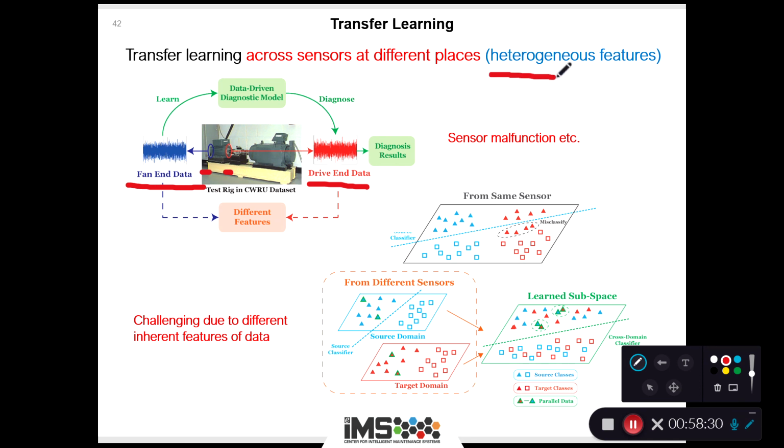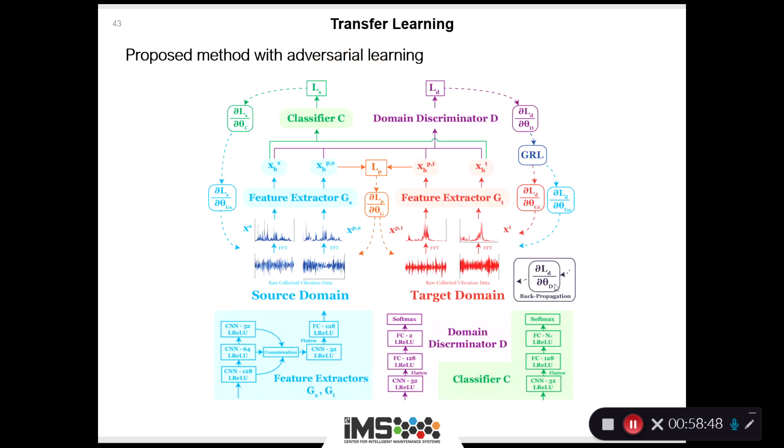They are basically in the heterogeneous feature space because different places may have different vibration patterns. So the source domain and target domain may be very distant from each other. But this problem can also be effectively solved using the latest technology, such as adversarial learning. But in this case, we may have to use more complicated, more advanced architectures for the specific problem.